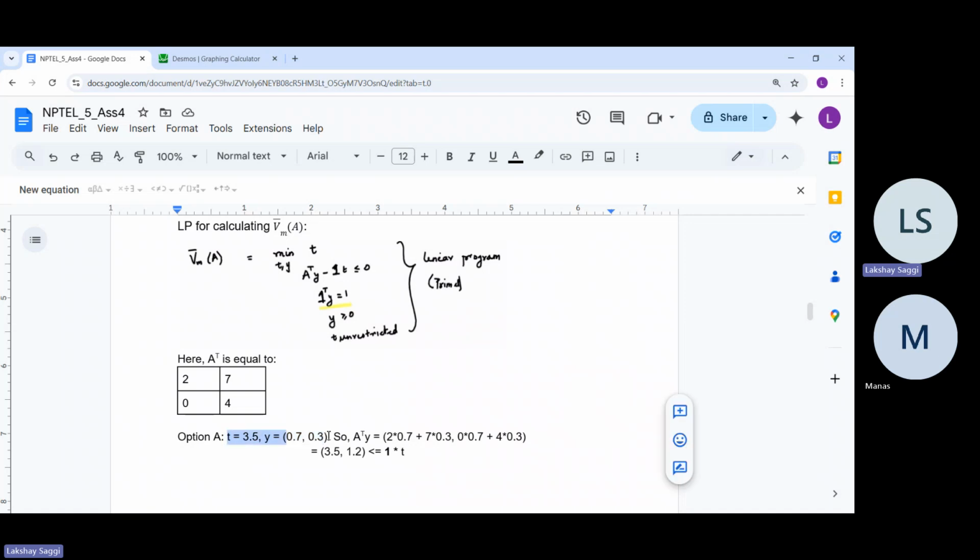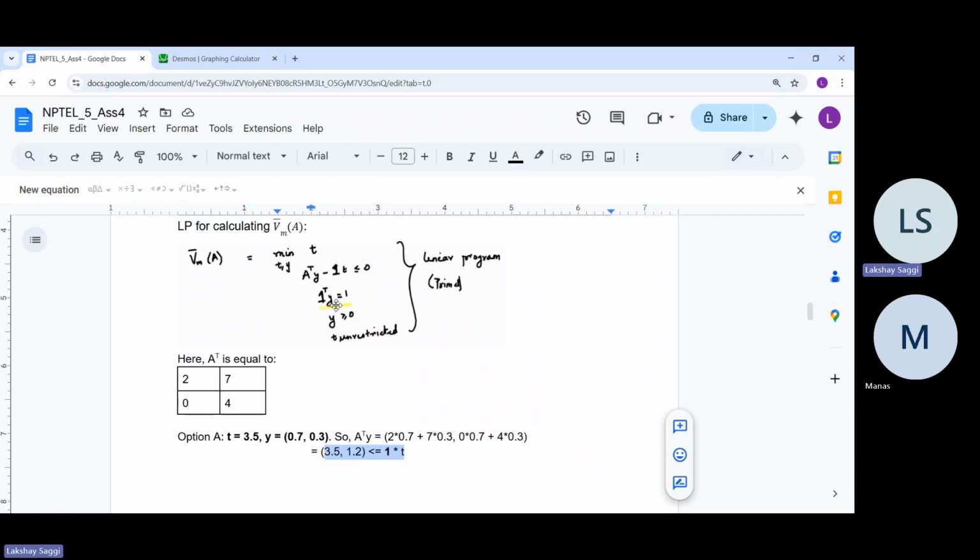Maybe I'll just bold this so that it's easy for everyone to see. So we just calculated the value of A transpose Y. So at least this constraint is satisfied, that A transpose Y is less than or equal to 1 times t. Now we need to check whether the second constraint is also satisfied by these values.